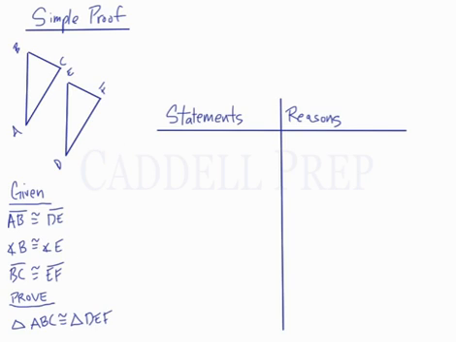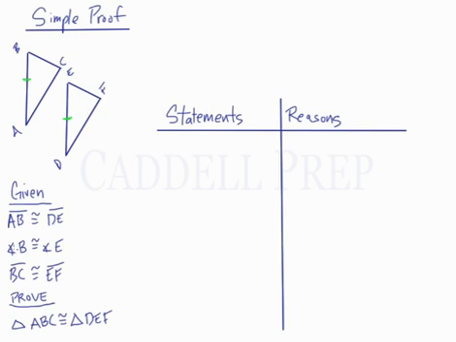So a good thing to do first is to look at our given information and see how we can use that information to actually prove the two triangles are congruent. So before we write any statements or reasons, let's go to the diagram. We have that AB is congruent to DE. So here we have line segment AB congruent to DE.